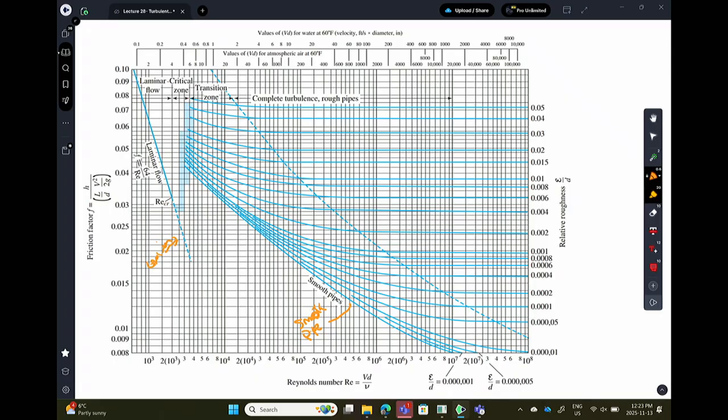And again, this is sort of that discussion we had at the very beginning where we said, hey, transition occurs at 4,000 and it's absolute, but here it's roughly 3,500. Okay. And it's all for a particular value of water. Feet per second, velocity feet per second, diameter inches, all of that stuff. You got to be really careful when you read the chart.